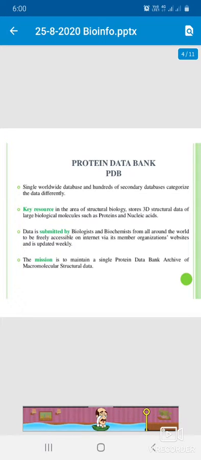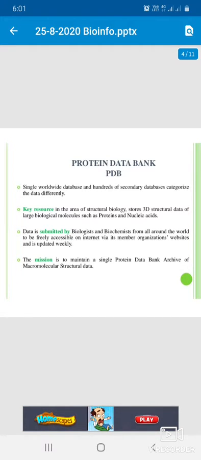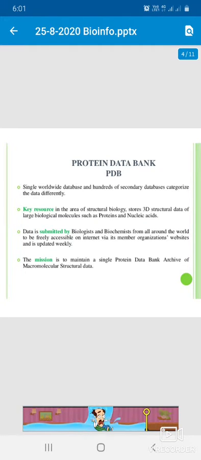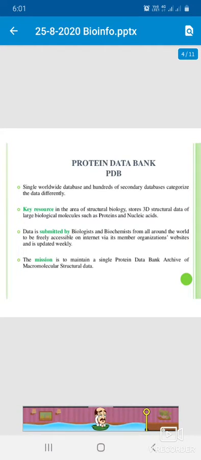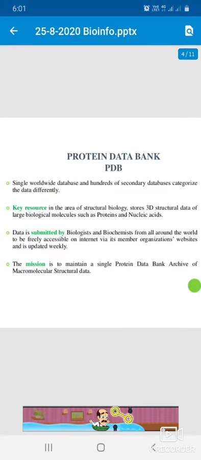The data is submitted by biologists and biochemists from all around the world to be freely accessible on the internet via its member organizations' websites and is updated every week. The mission is to maintain a single Protein Data Bank archive of macromolecular structural data. So these are the basics and fundamentals of the Protein Data Bank.